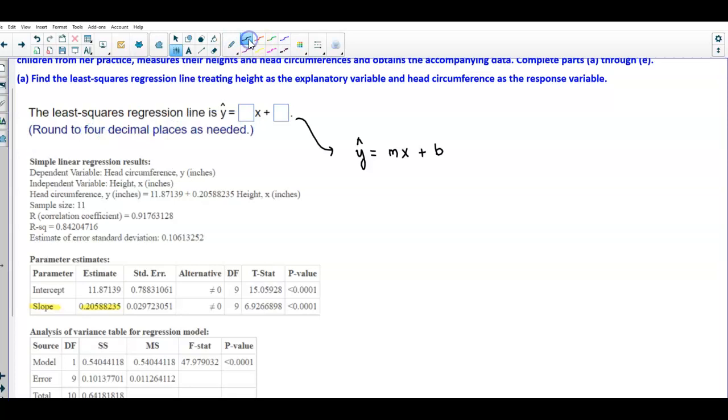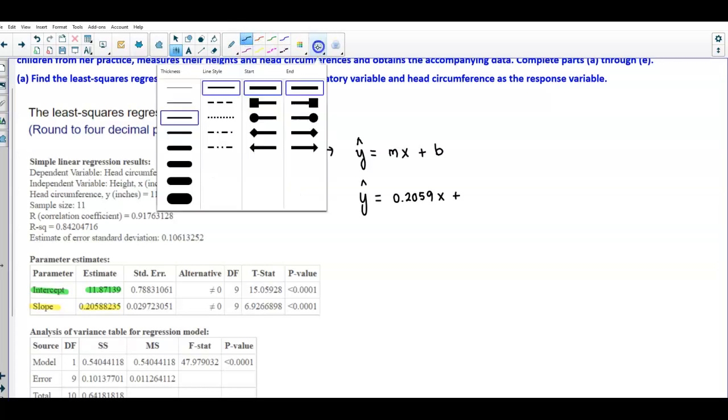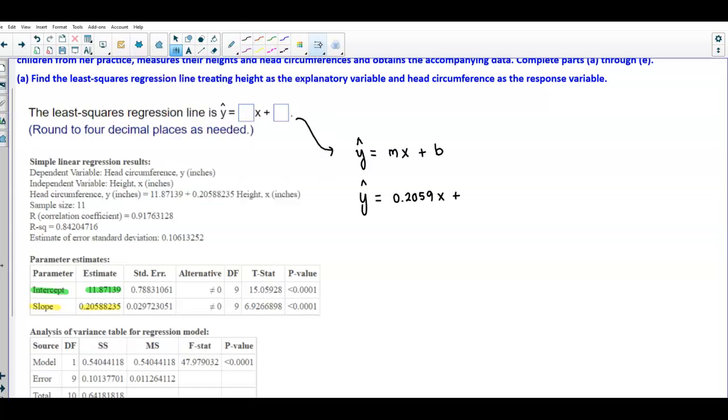So we end up getting y hat equals 0.2059 x, plus the y-intercept, which is that value there, again rounded to 4 decimal places.